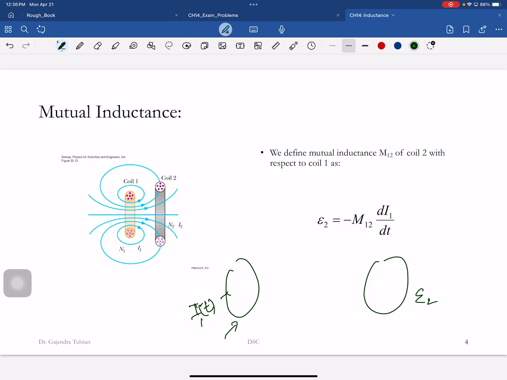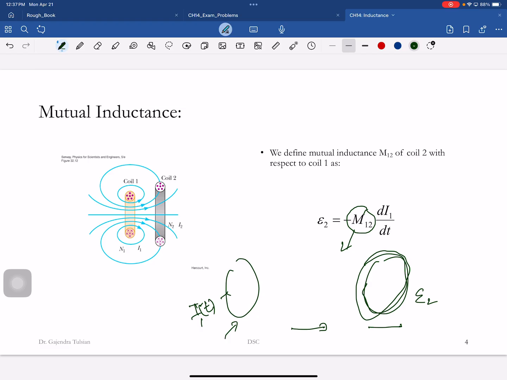What will happen if you take the two coils further apart? What will happen to the EMF? It will weaken. So this proportionality constant will decrease. Okay. What will happen if you have more turns on this coil?